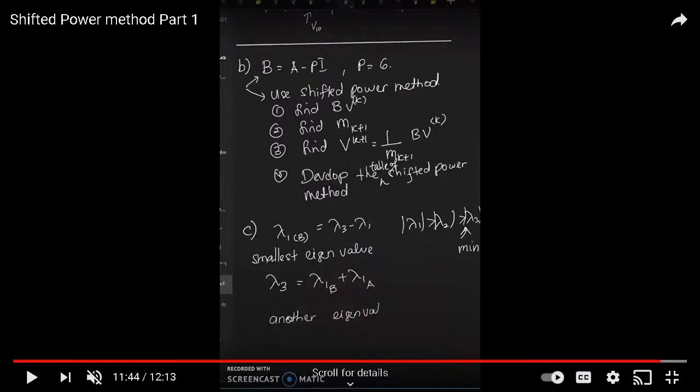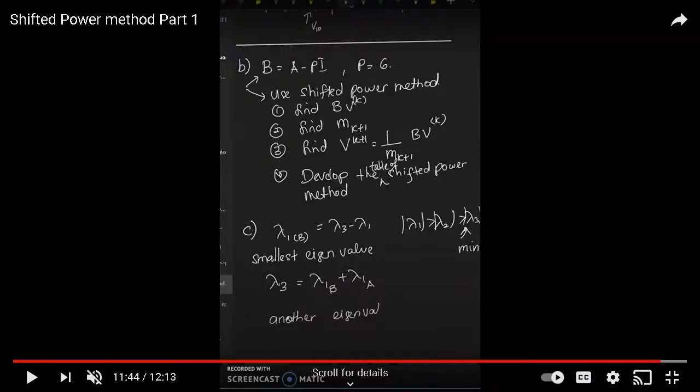The minimum eigenvalue is equal to the eigenvalue for matrix B plus the eigenvalue for matrix A. So in this case, please remember this formula.